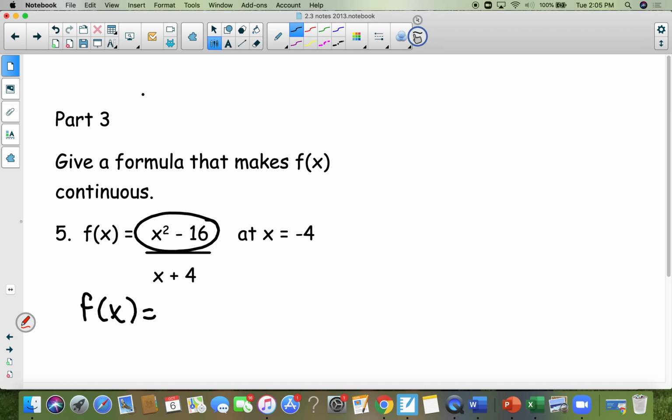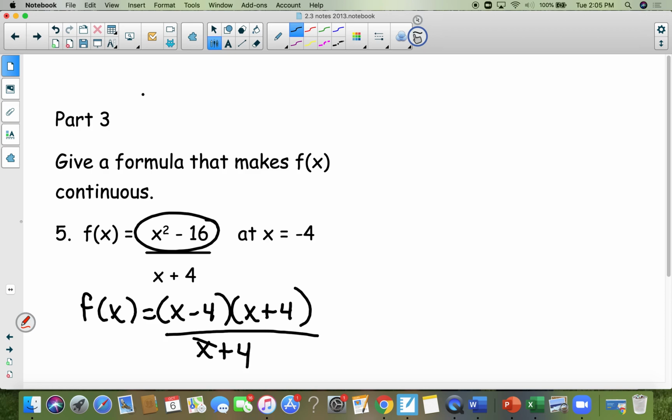I'm going to factor this to (x minus 4)(x plus 4) divided by x plus 4. The x plus 4's go away. I just came up with a new f of x that makes it continuous now, right? I got rid of the part that was discontinuous. I factored and reduced it to x minus 4, and I'm done already. I just came up with a formula that makes it continuous.